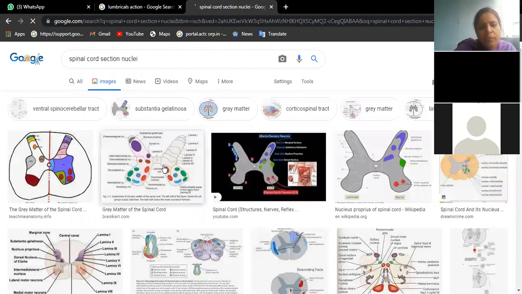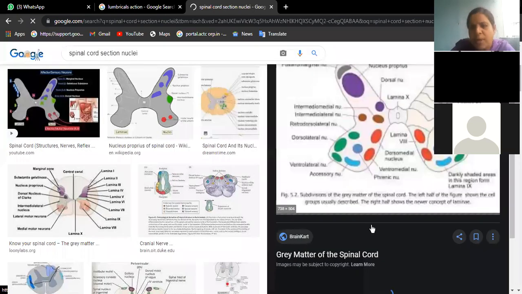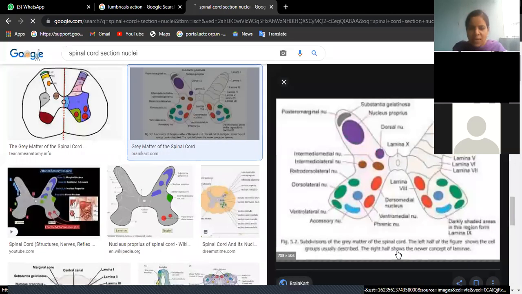See. In the gray matter, you are supposed to draw the various nuclei. It's not opening. So the various nuclei, what are you able to see on the screens? There are certain nuclei.